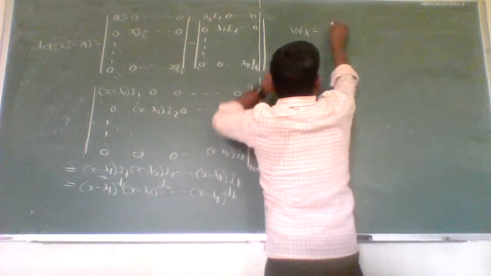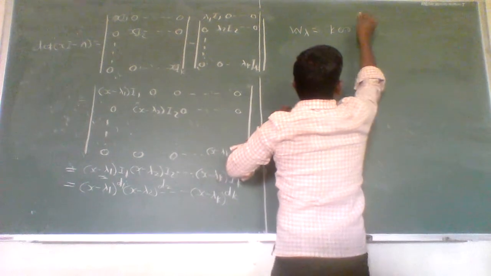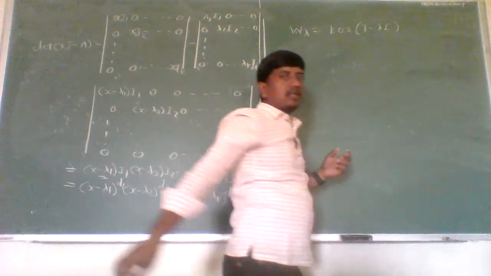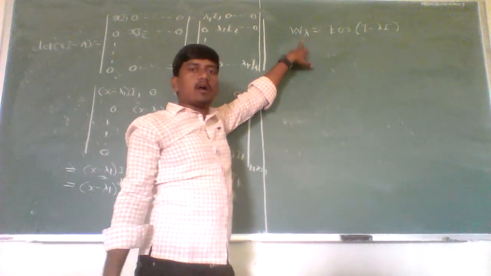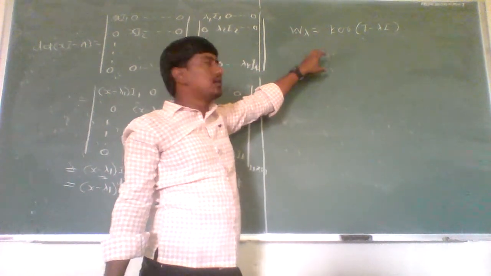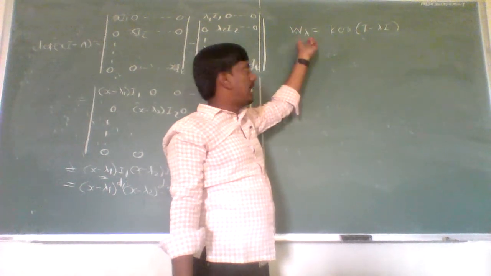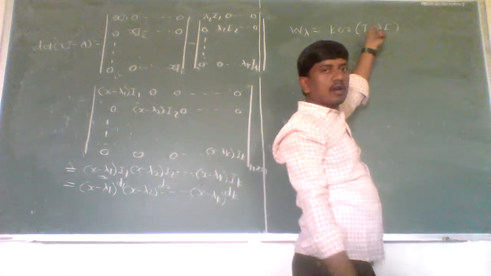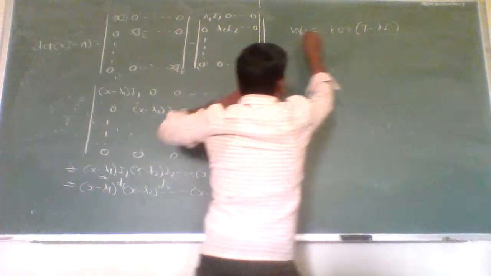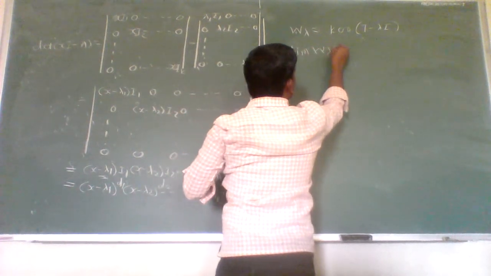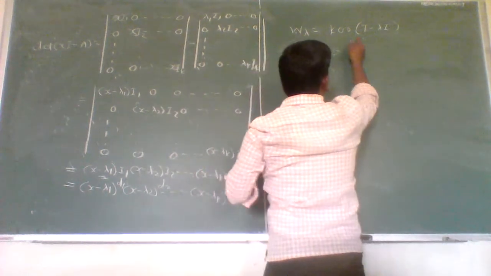That is, the eigenspace is actually nothing but the kernel of T minus lambda I, since in the eigenspace we take all the characteristic vectors with respect to eigenvalue lambda.